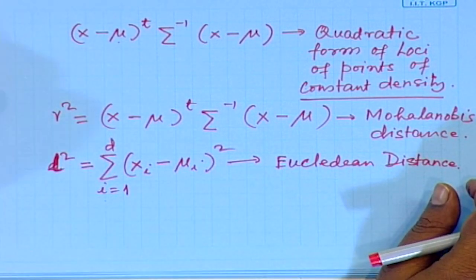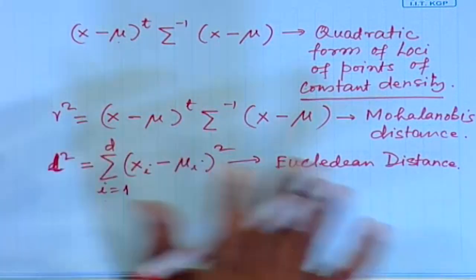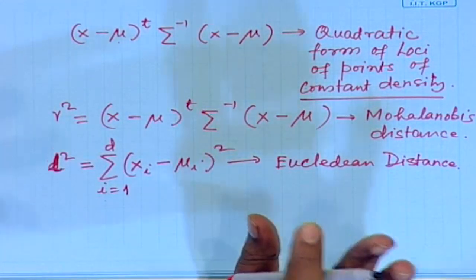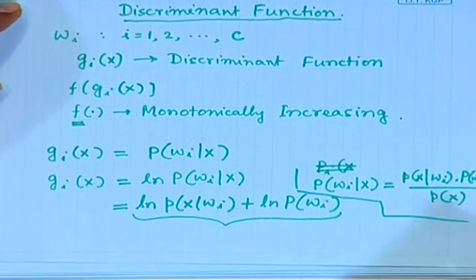So, now let us see how this can be utilized. So far, whatever I have discussed is about the probability density functions: univariate case, bivariate case, multivariate case. I have not gone beyond that. But we started with how these probability functions actually influence the structure of the decision surface.